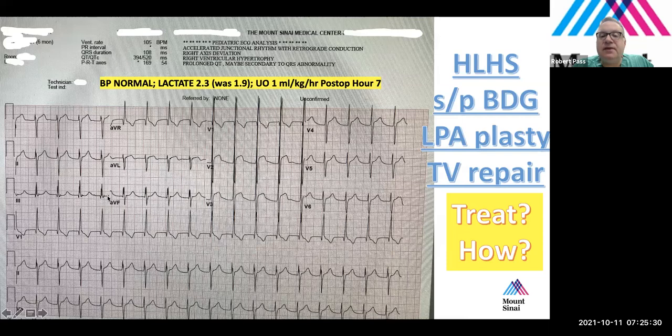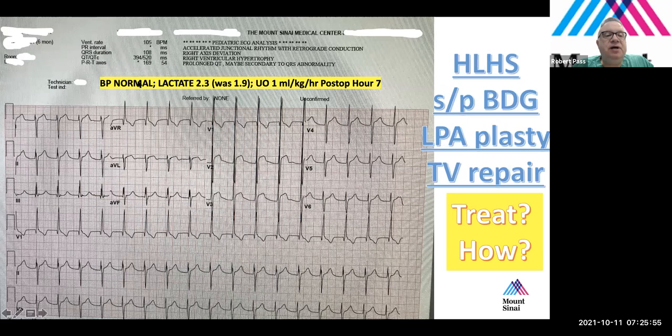Okay. This is a patient with hypoplastic left heart syndrome who had a bidirectional Glenn, an LPA-plasty, and a tricuspid valve repair. And this is the EKG that was obtained in the early morning hours.